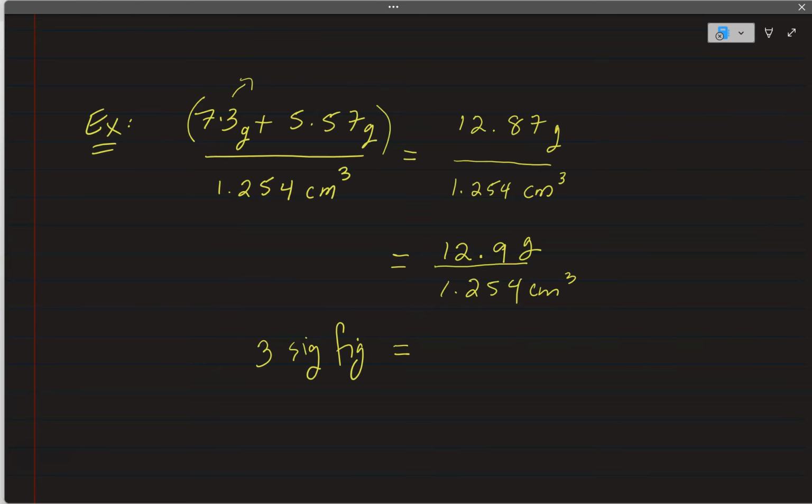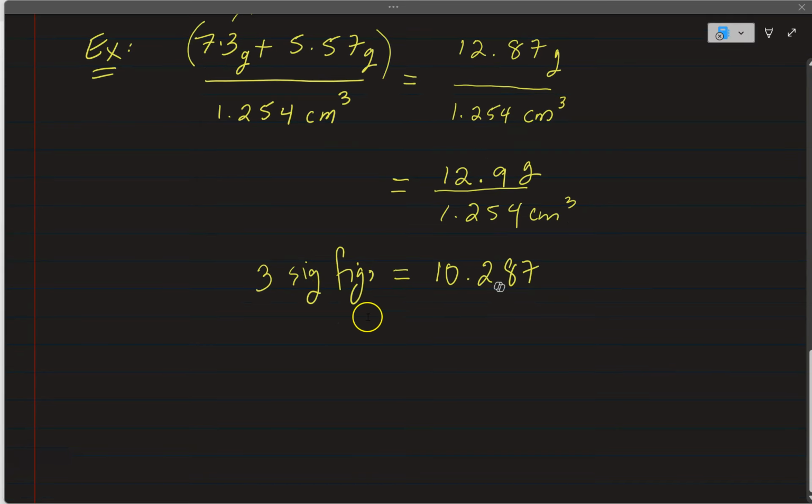When you divide, you get 10.287 approximately. And of course, we're going to change that to 3 sig figs. So that would be 10.3 gram per centimeters cubed. That's your final answer, with the proper number of sig figs.